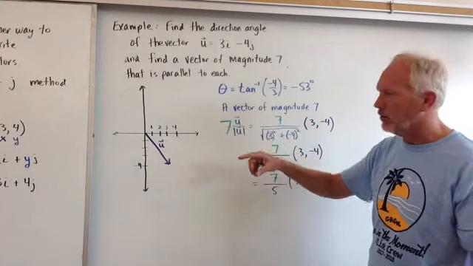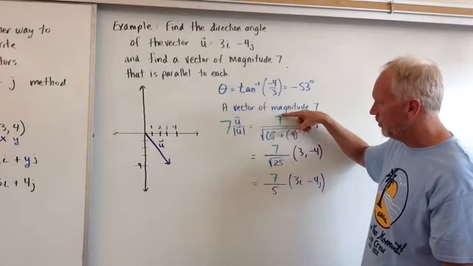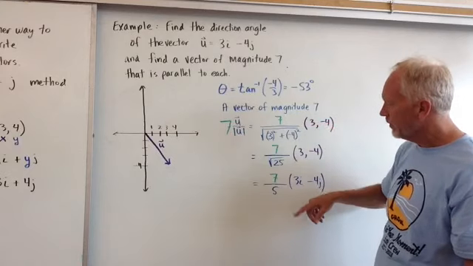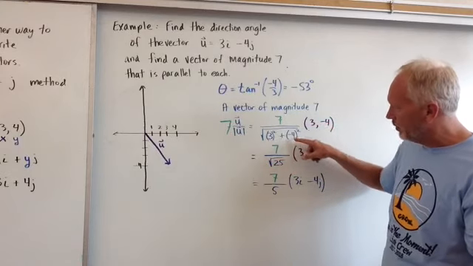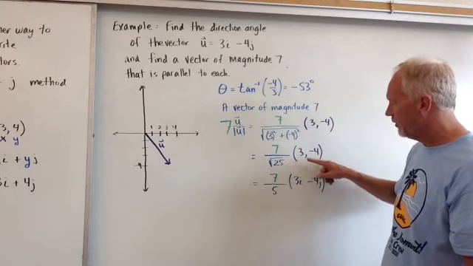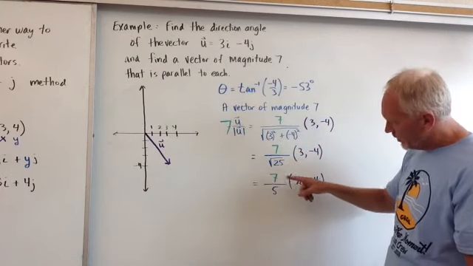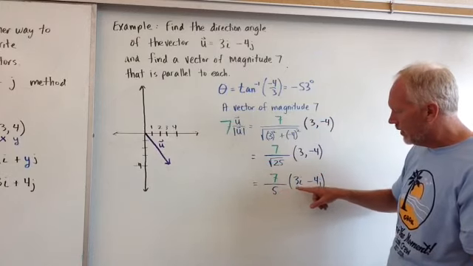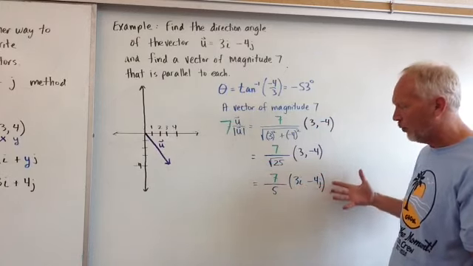Going back to that original system, it's 1 over the magnitude of u times the vector u. Now if we simplify, we get 7 over the square root of 25 times the vector 3, negative 4. The square root of 25 is 5, so you get 7/5 times 3i minus 4j.